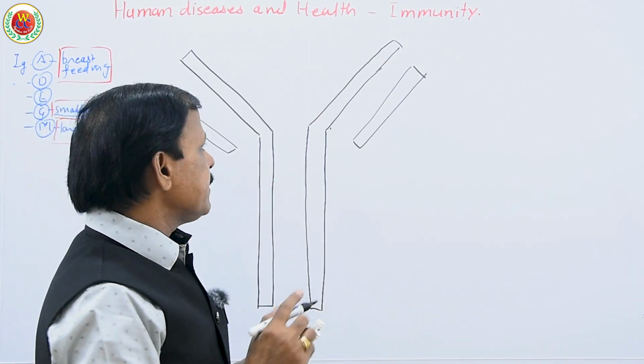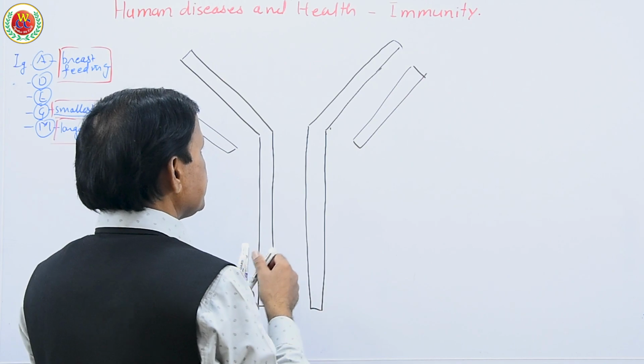These chains are joined by disulfide bonds. See how many disulfide bonds are present there.